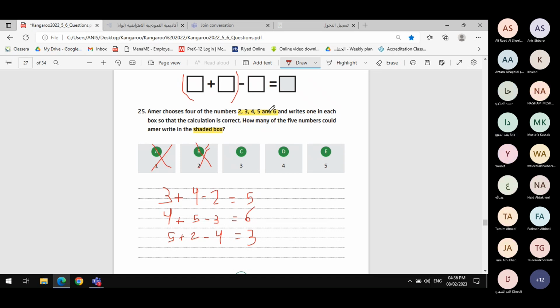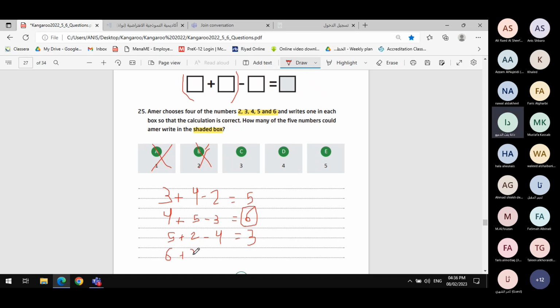So 5 plus 3 minus 2. 5 plus 3 minus 2 is equal to 6. Yes, it works, but it's equal to the same choice. We can write it beside it. So let's use the 6 here. Let's make it a big equation. So 6 plus, choose something small, 3. 6 plus 3 is 9.